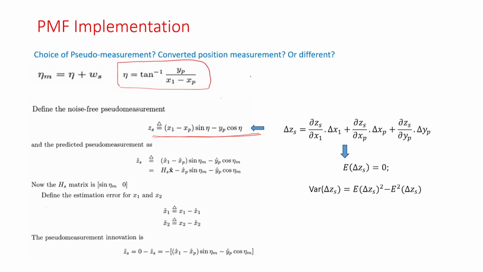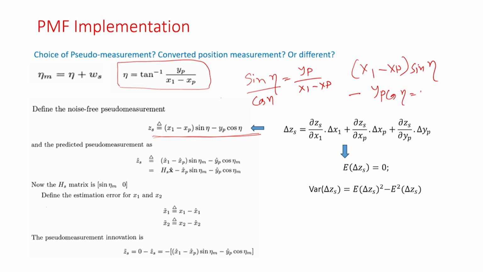Actually, sin of eta is yp divided by x1 minus xp by cos of eta, and then we derive that x1 minus xp sin of eta minus yp cos of eta is equal to 0.